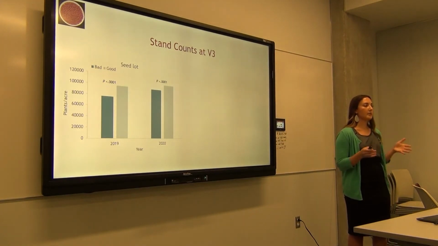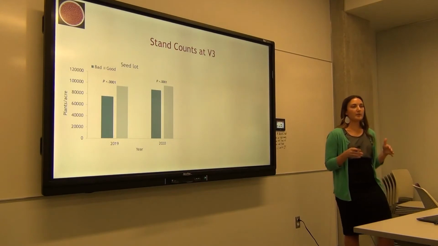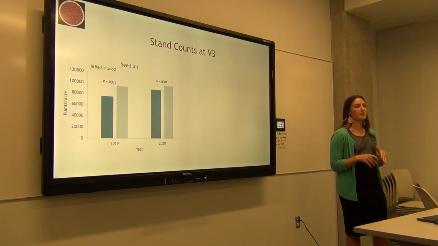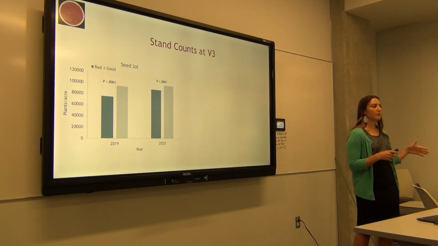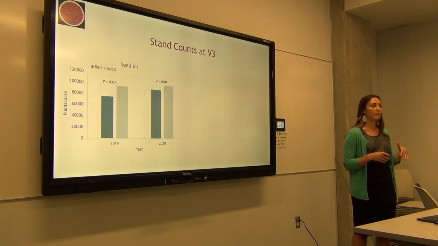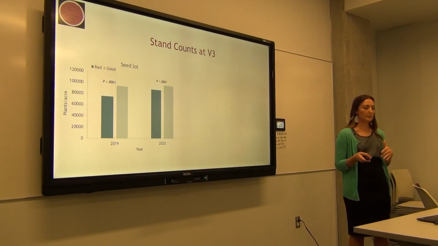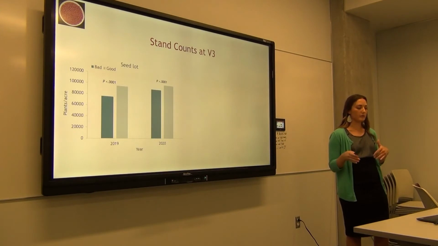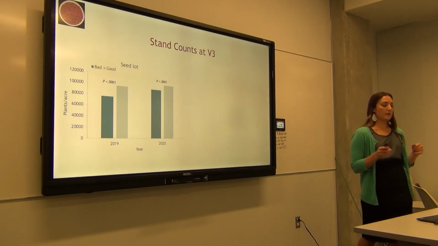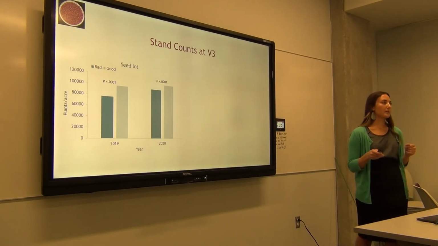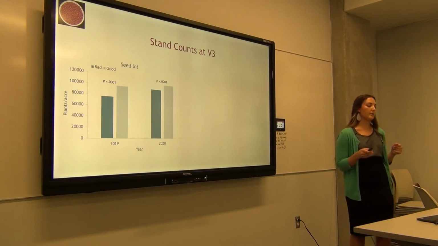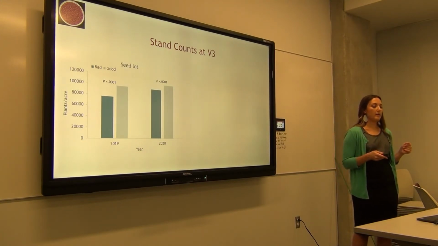Next I'll talk about the stand count, or the results of the seed treatment experiment. First I'll talk about the stand counts at V3 only, just because the stand counts followed a similar trend at VE and V1 for each year, at all of the growth stages. So in 2019 and in 2020, we see that seed lot had an effect on stand count, where the good seed lot had significantly greater stand.